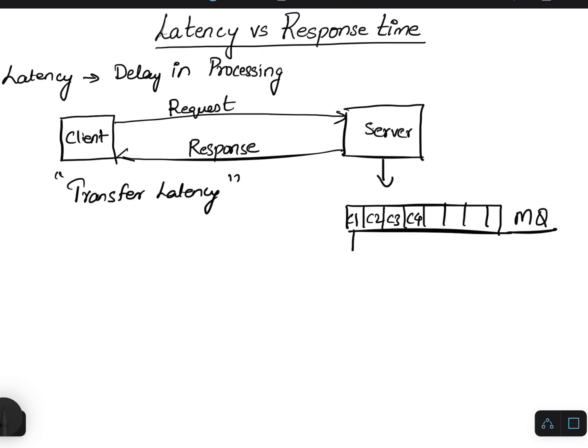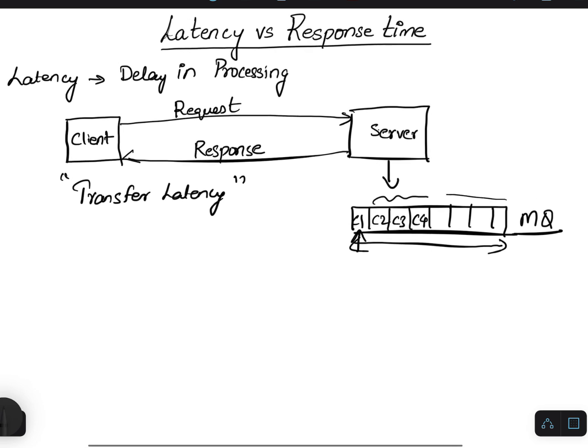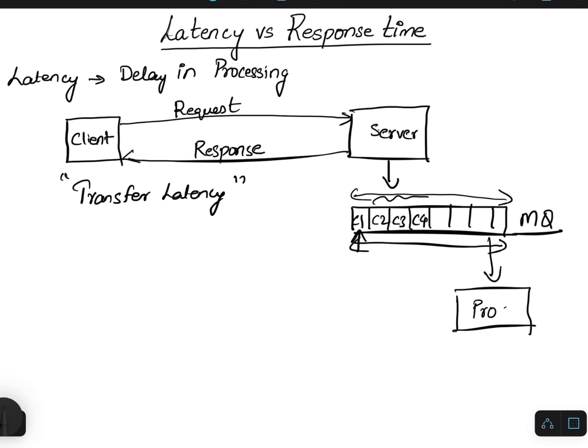Each request will wait in the queue for a certain duration of time. It depends upon the number of previous requests waiting to be processed, and upon the length of this message queue. After this message queue, there is a processing component which reads from the queue, processes the request and sends the response back.